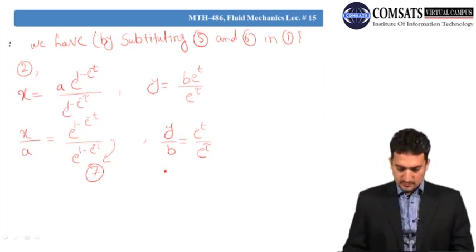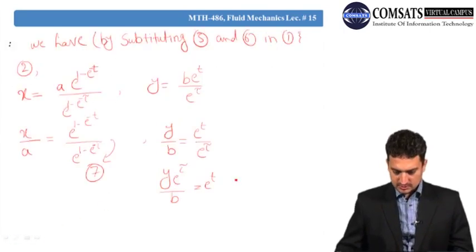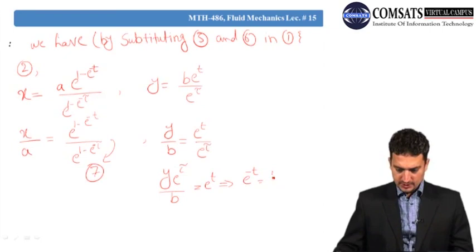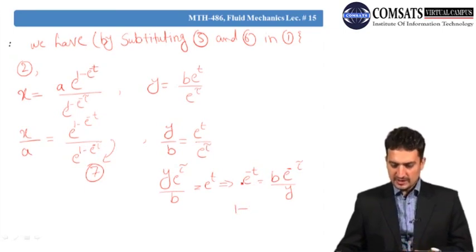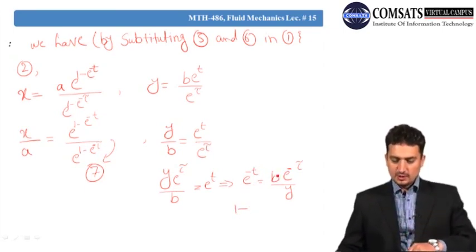So y e to the power tau over b is equal to e to the power t, and simply e to the power minus t is equal to b e to the power minus tau over y. देखें e to the power minus t हमने इसको इन्वर्ट कर लिया तो हमारे पास बन गया b e to the power minus tau over y.